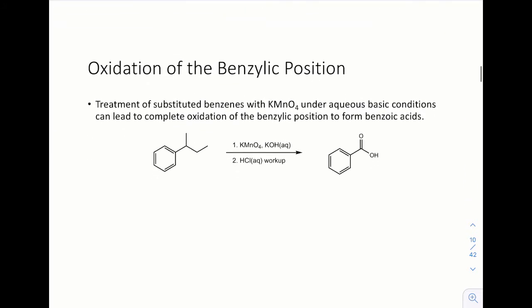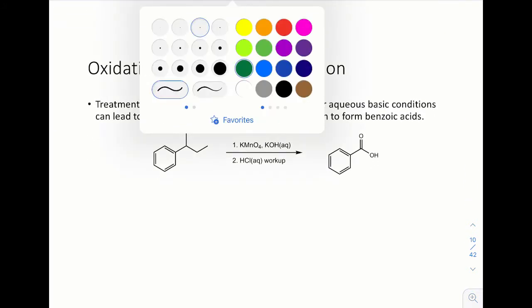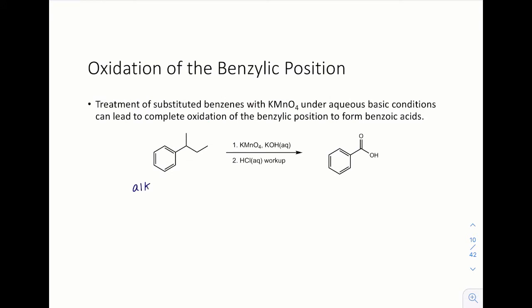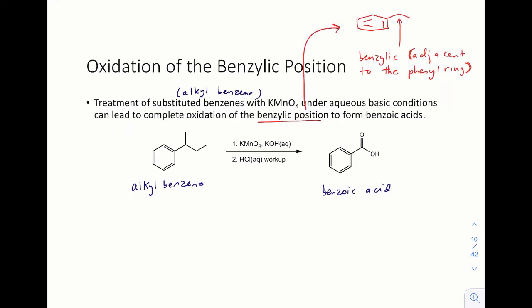As promised, let's discuss oxidation of the benzylic position. Treatment of alkyl benzenes with potassium permanganate under aqueous basic conditions can lead to the complete oxidation of the benzylic position to form benzoic acids. Someone may have worked hard to install this alkyl group here via Friedel-Crafts alkylation.